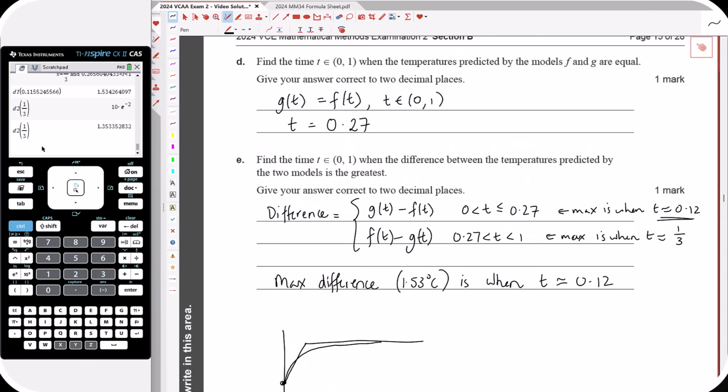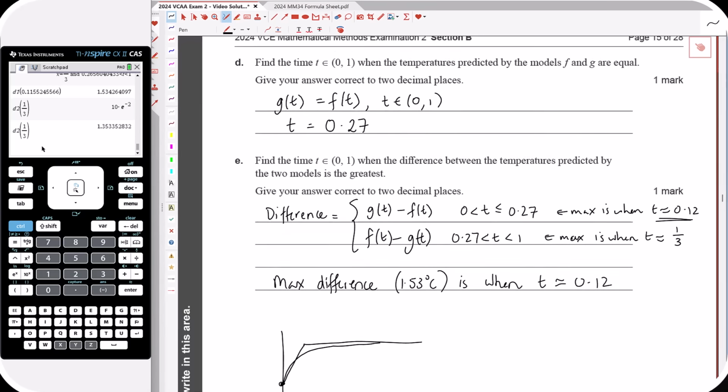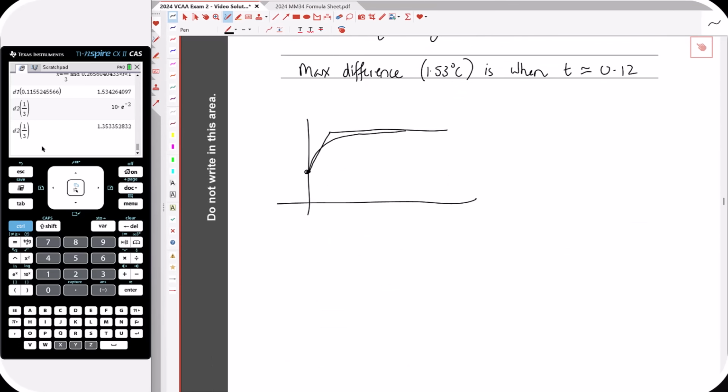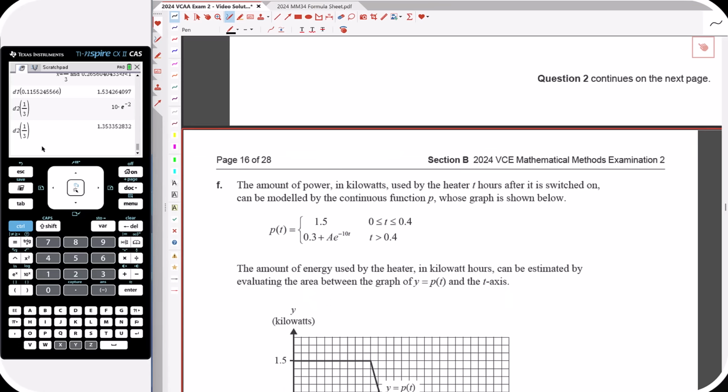So yeah, you just need to be careful: if you only defined the difference as being g of t minus f of t, you'd need to think about both function max and function min, because the maximum could be a negative value, and so things get a bit complicated. So I think it's easier to think about those two separate functions, but it is just a bit time consuming.